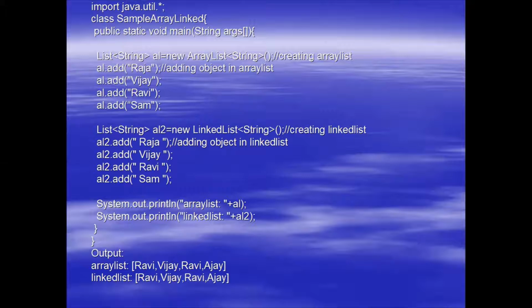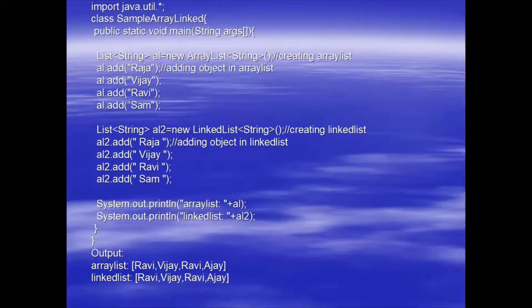Both are non-synchronized classes, but Vector is synchronized. See this point? This is the main difference between ArrayList, LinkedList, and Vector.